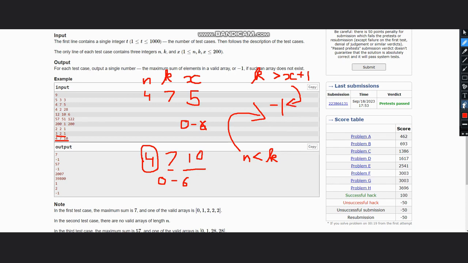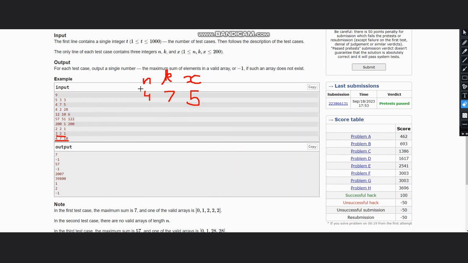Now if these two conditions are not there, let's pick a valid case. Let the case be 57, 51, 122. So we take n as 57, k as 51 and x is 122.